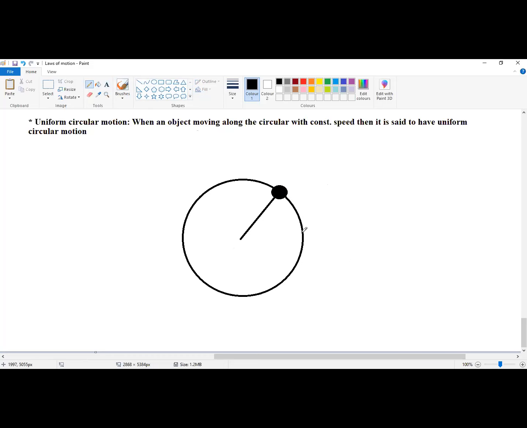Suppose you are whirling it in this particular direction. As you continue applying force to this stone, if you keep on whirling it, you will observe uniform circular motion.